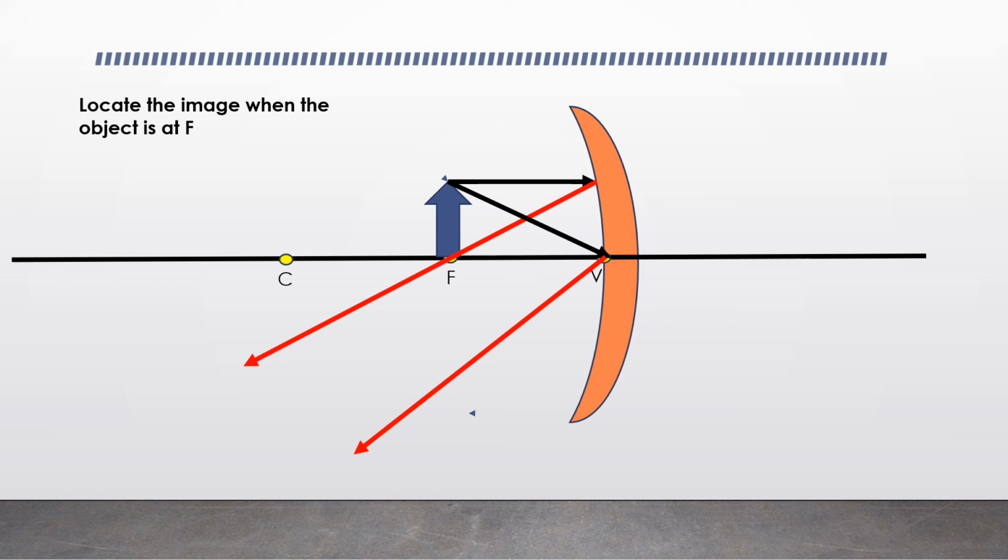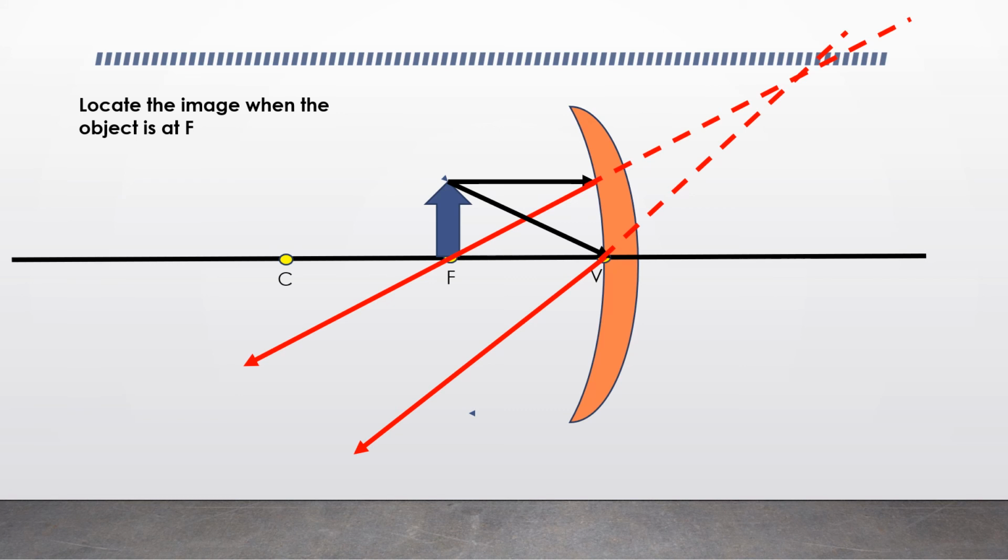Alright. Now, try to find the image. So what you're going to do is extend the reflected rays behind the mirror, at the back of the mirror. Okay. And so, what have you noticed?